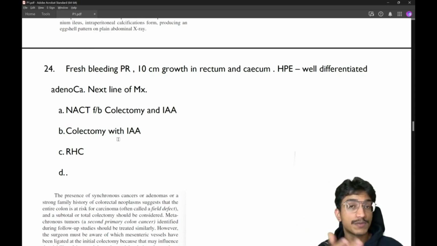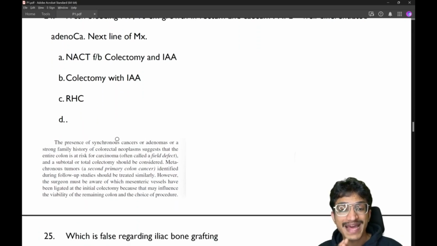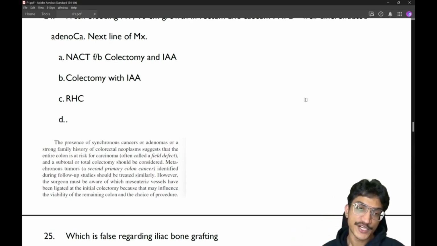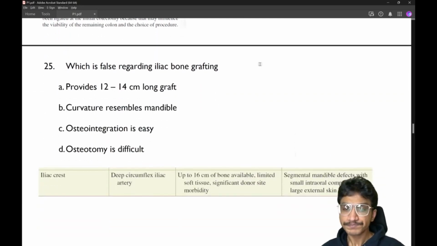There is no total or subtotal in this case, so I am not sure. But according to the paragraph given in Shorts, a patient with a synchronous tumor has a field defect, that is both colorectal neoplasm, and there should be a total colectomy. So if total colectomy was the option, that should be the answer.